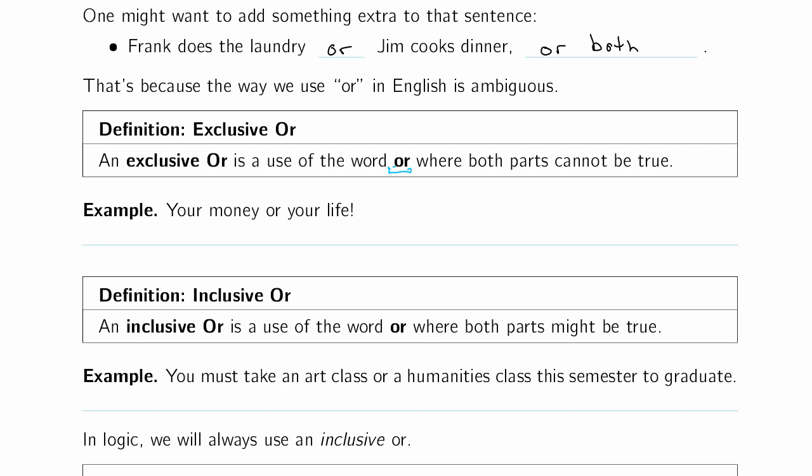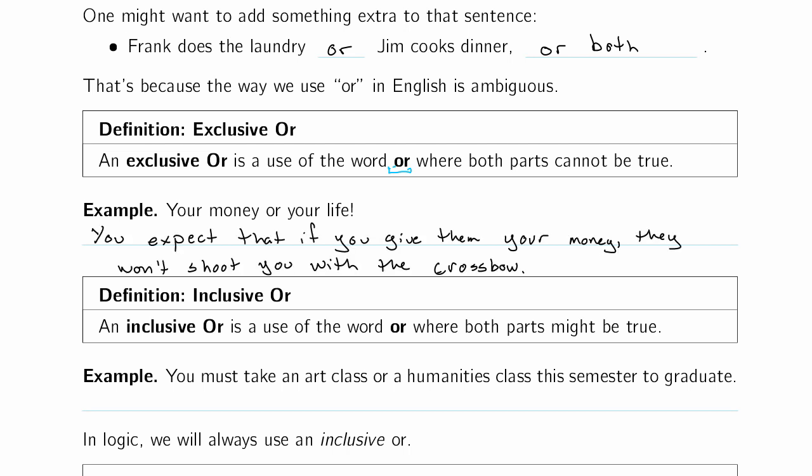So they jump out of the forest and they point a crossbow at you and they say, your money or your life. And your expectation is that if you give them your money, they're not going to shoot you with the crossbow. If they go ahead and shoot you with the crossbow, you're going to be pretty angry.